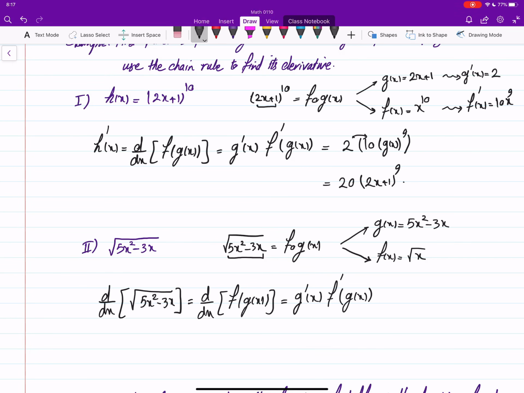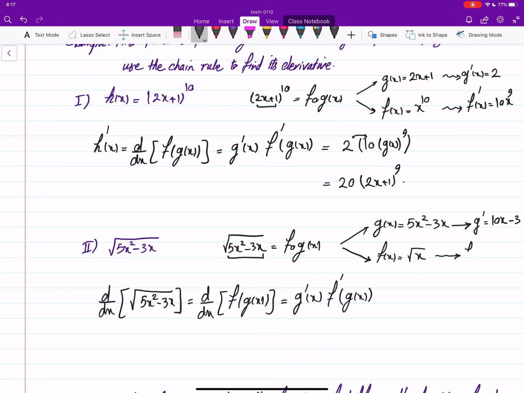Okay, let's see. G is this. G prime is, well, this is a difference rule, then constant and power. You will get 10x minus 3. Try to do it step by step yourself and you will see that.